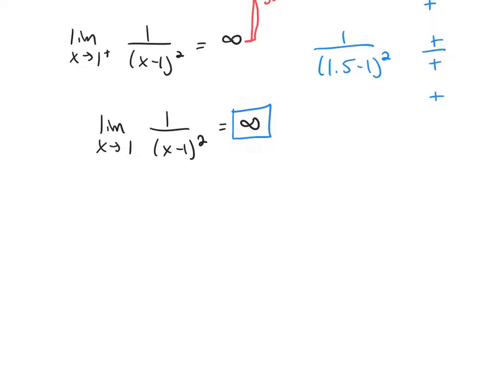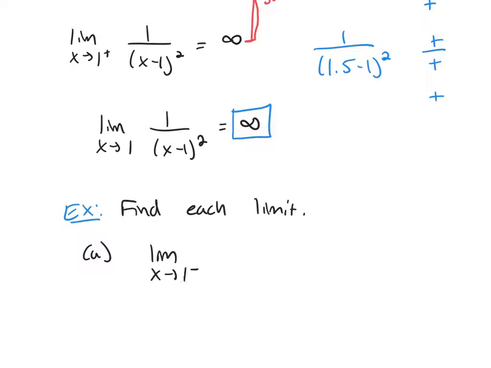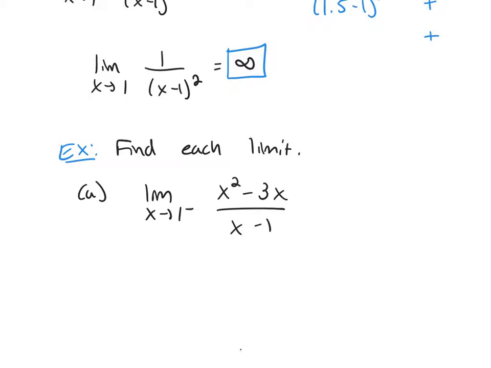Well, since we looked at one-sided limits, let's do some more examples with one-sided limits. Find each limit. The limit as x goes to 1 from the left. Again, you plug in your number here.